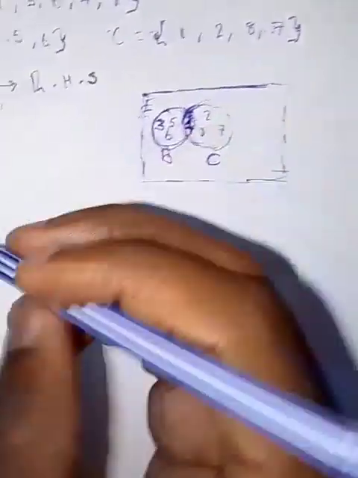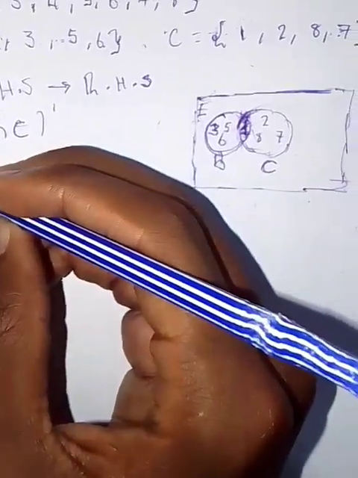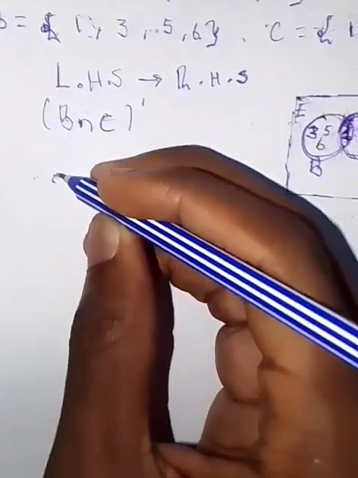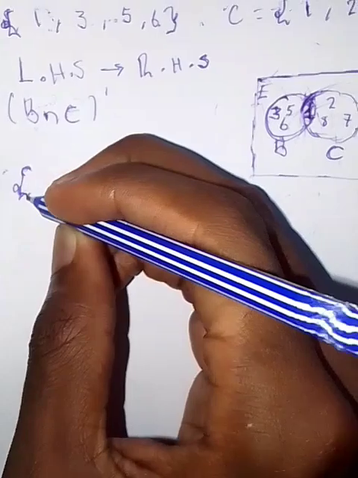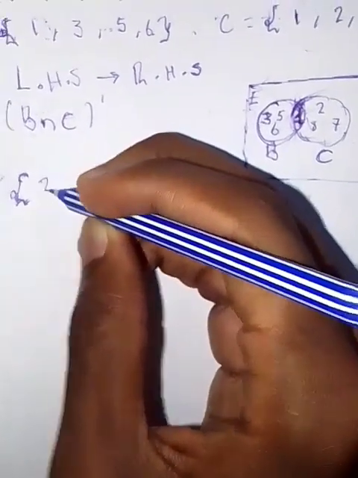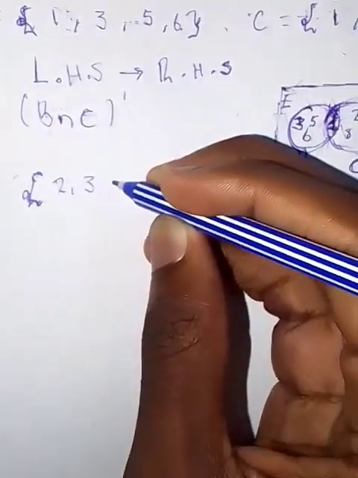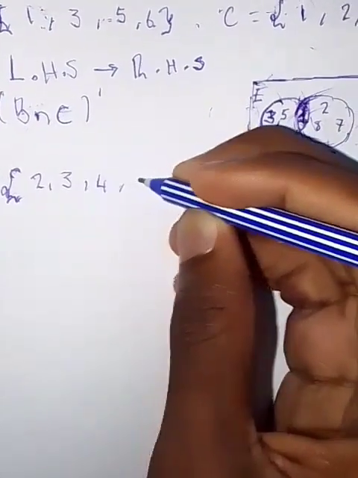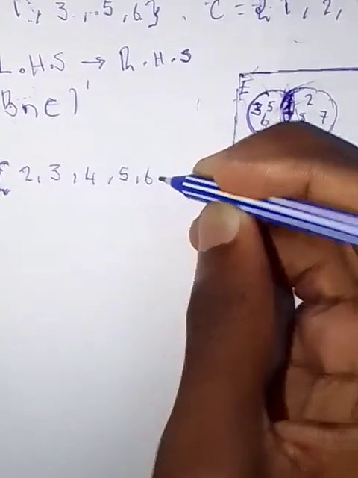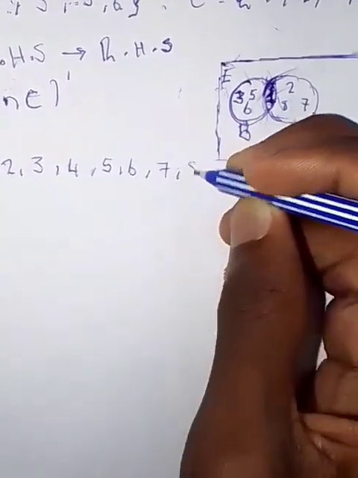So we are going to have the set like this: 2, 3, 4, 5, 6, 7, and 8.